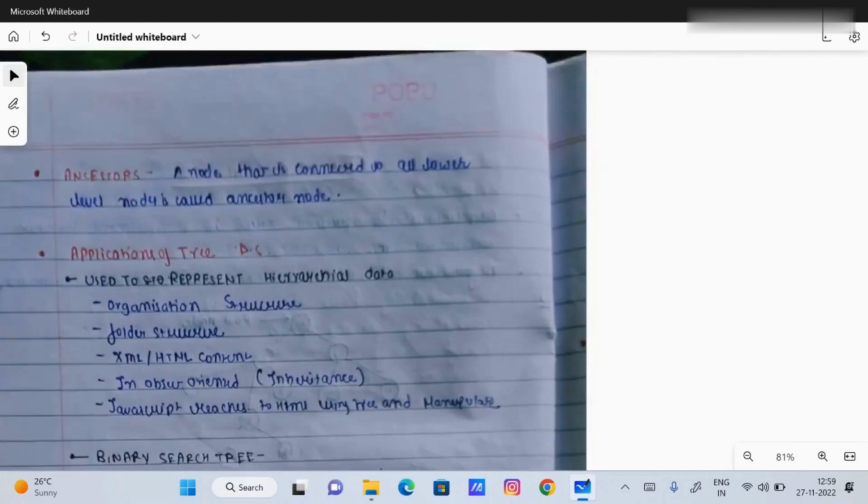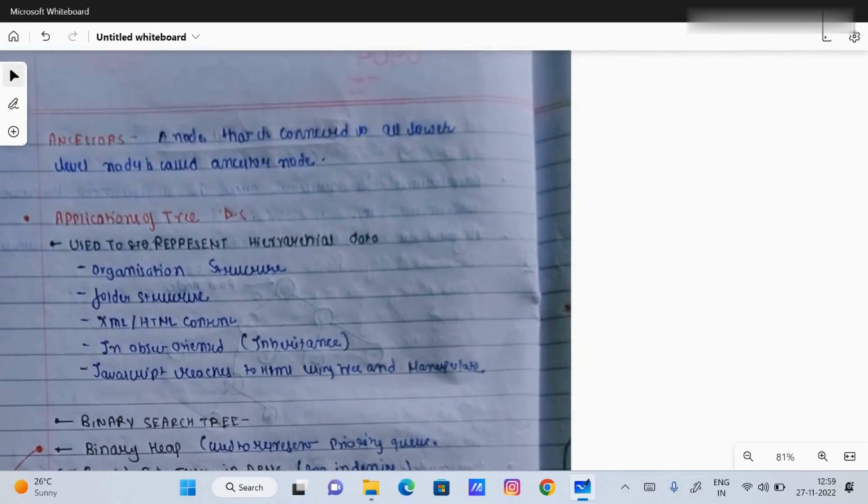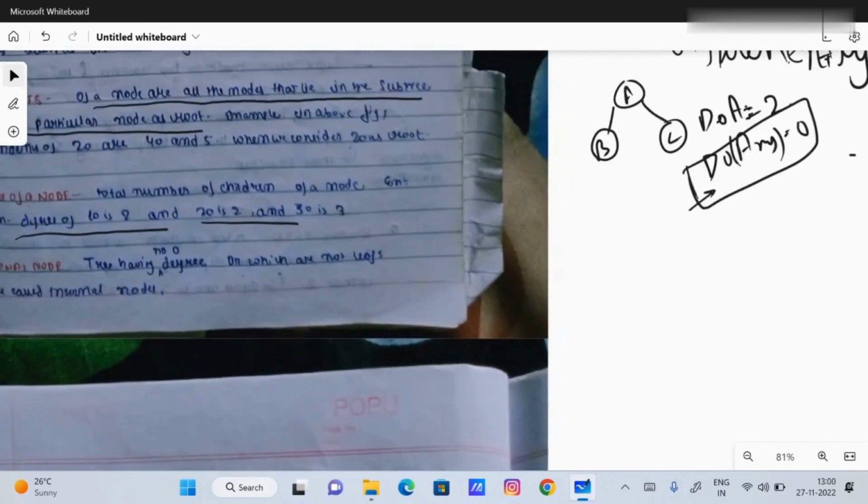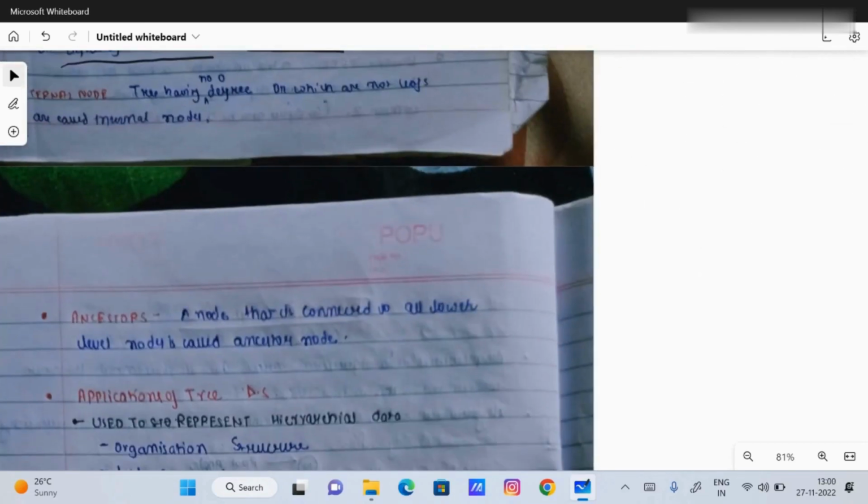Now let us move on to the next slide, in which we will be studying the applications of tree data structure. First, the thing that I left in the previous video is ancestors. What are ancestors? A node that is connected to all lower level nodes is called an ancestor node. For example, we can consider simply the root node.